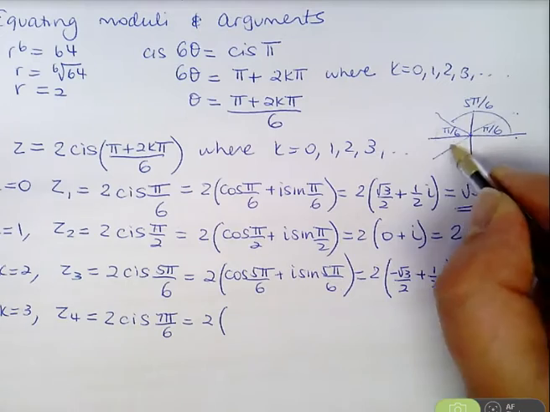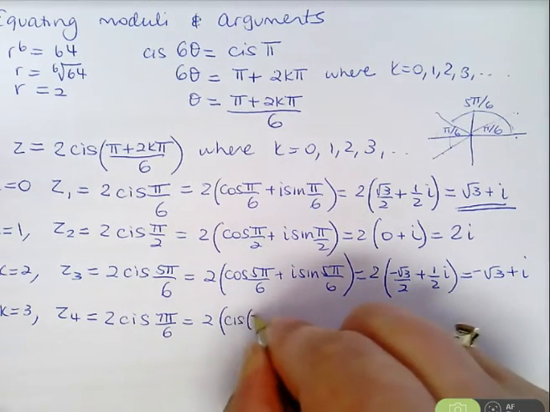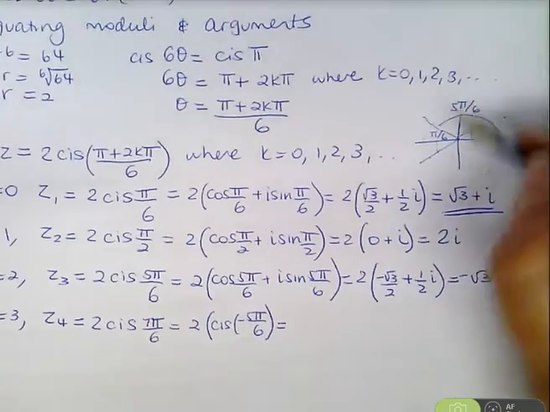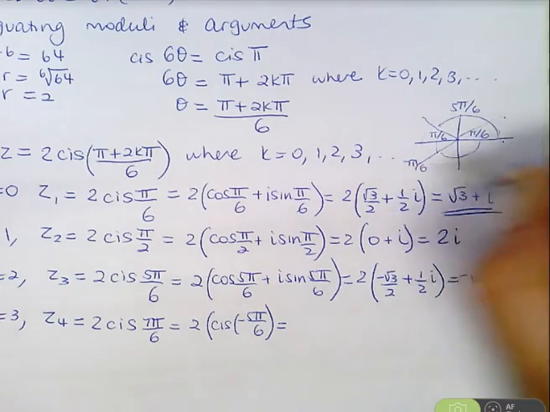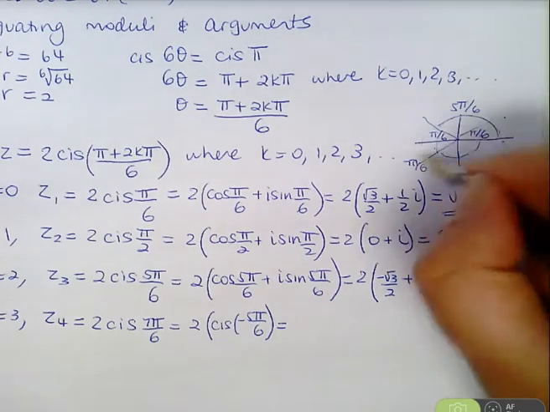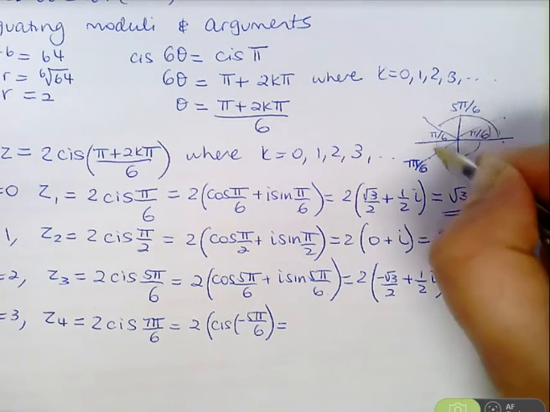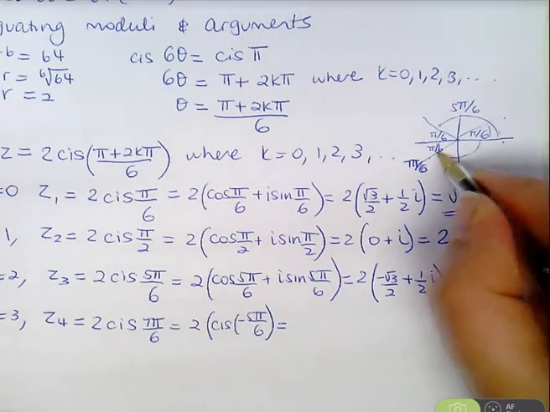It's over here, but that's the same as minus 5 pi on 6. So here's 7 pi on 6, the same as minus 5 pi on 6, and the related angle in here is pi on 6.